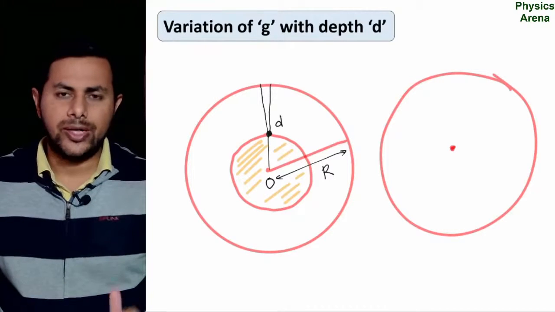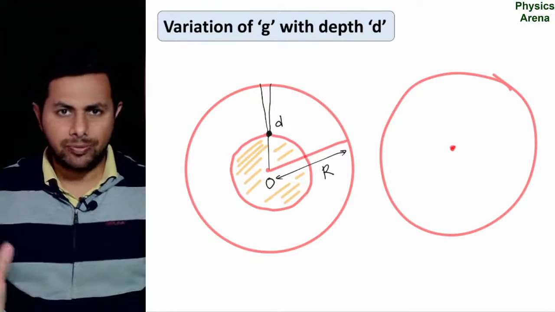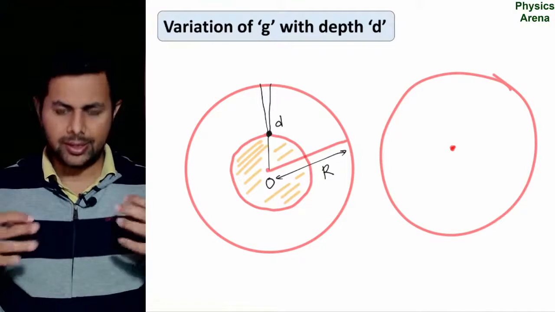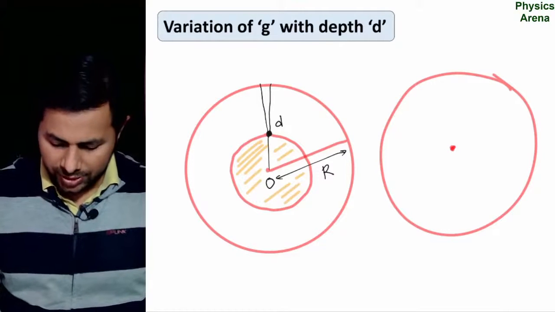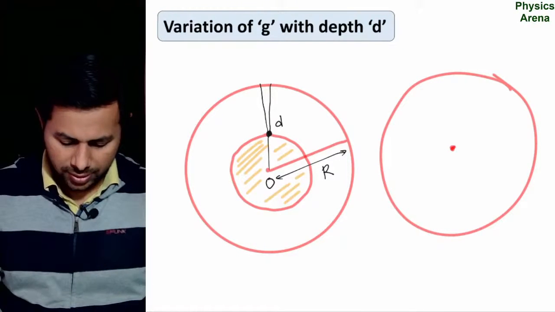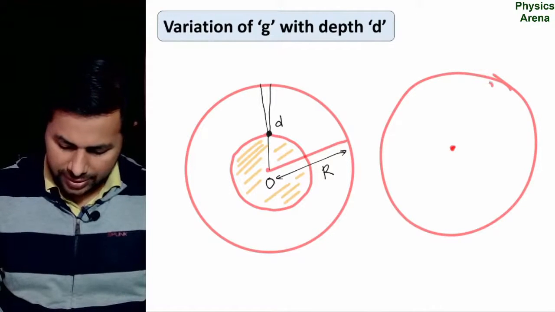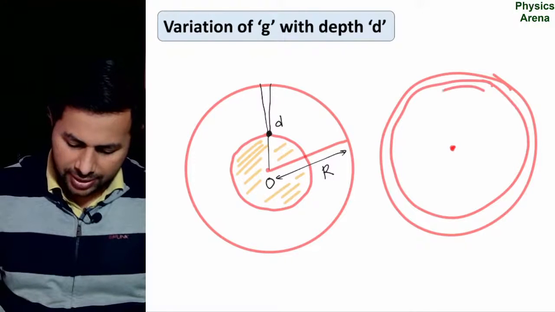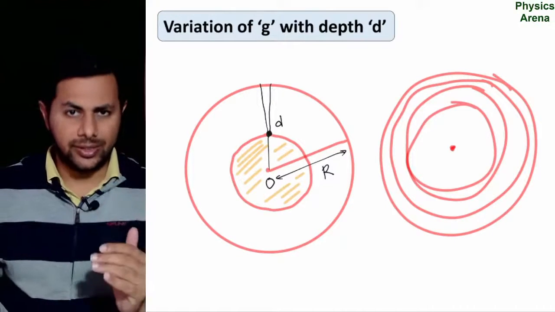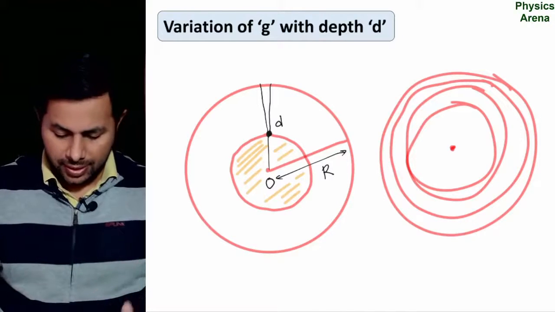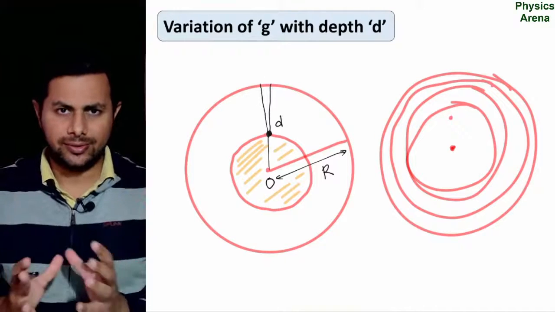So what we can do is consider Earth to have uniform mass distribution and to be made up of n number of thin shells. Suppose this is the outer shell. Then we can consider another shell inside that, another shell inside that, and another shell inside that, up to distance d. And our mass is inside all of these shells.